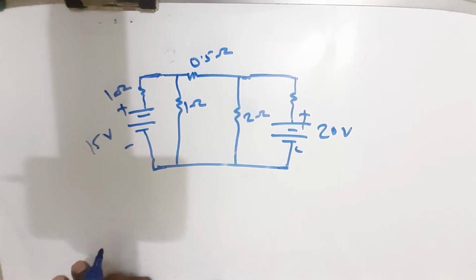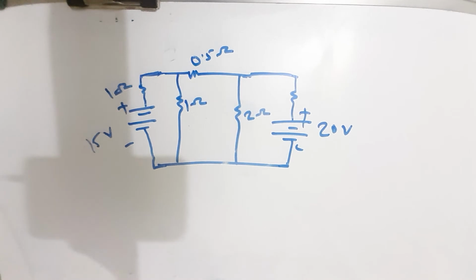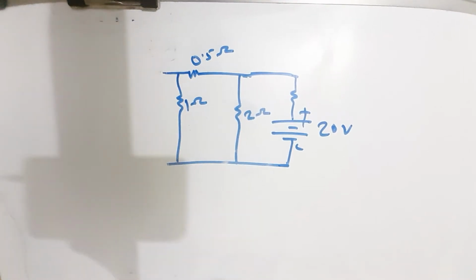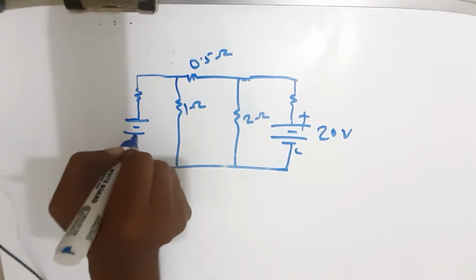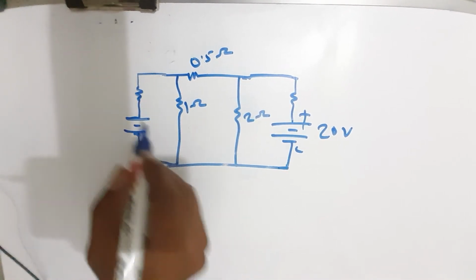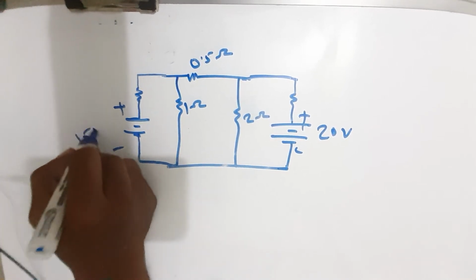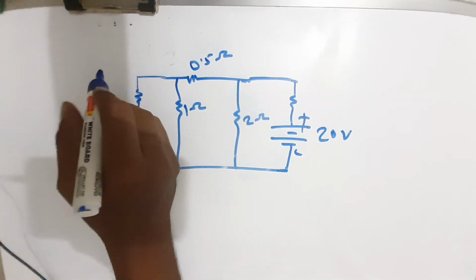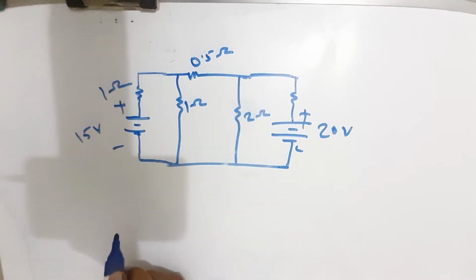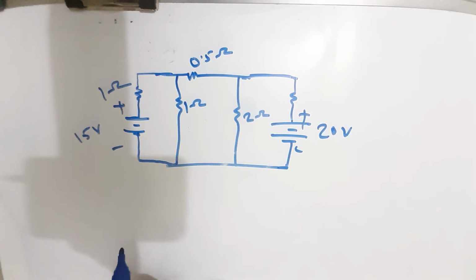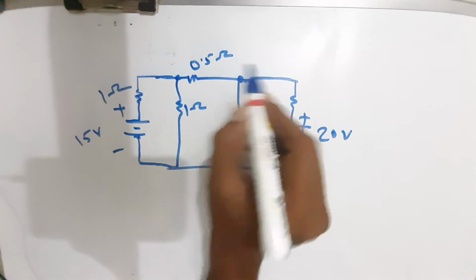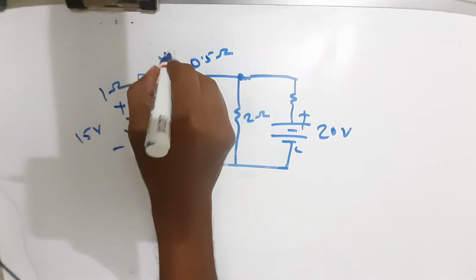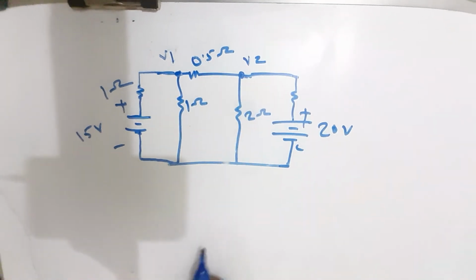So firstly just check how many nodes there are. So here first node and here second node. So for this one I will mention V1, for this I will mention V2.